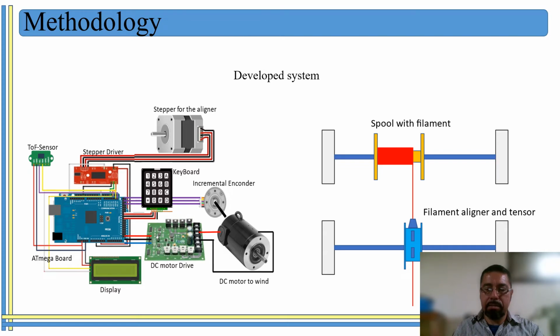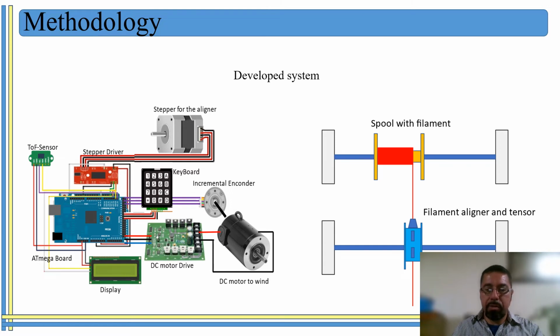And as soon as the spool starts turning, filament is gonna be wound on the spool, and then the car is going to be moving from one side to another side in order to have several layers of the optical fiber filament. And it has to be precise because it has to go from the beginning to the end of the spool, and then comes back and goes back and forward and so on until the optical fiber is wound. I mean, the amount of optical fiber that is required.